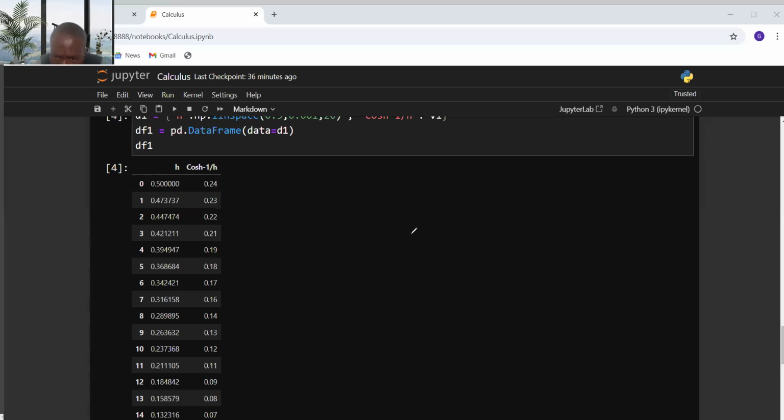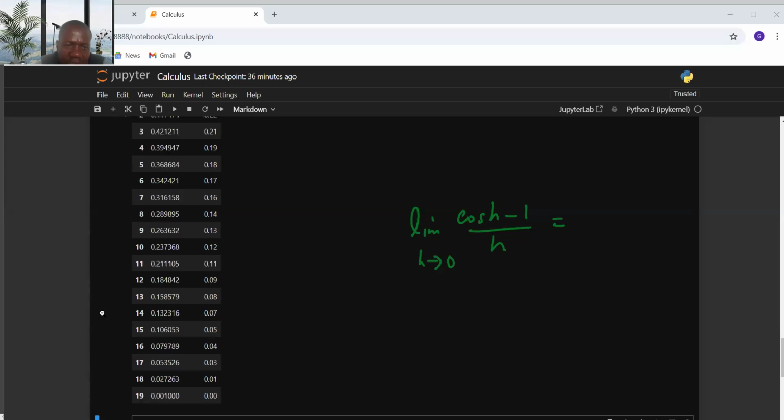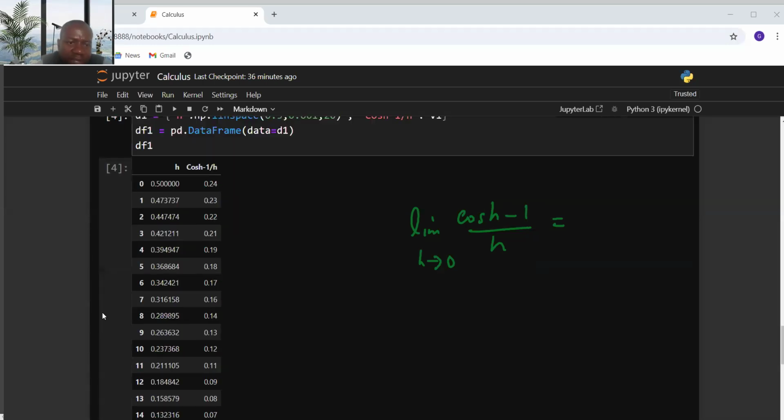According to the function, it says the limit when h approaches 0 of cos of h minus 1 over h. What will be the result here? Let's come down here. Look at these values, guys. Initially, you can easily see that when h is 0.5, the cos of this value is giving us 0.24.